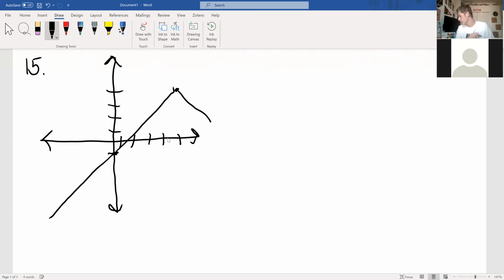And then what it's asking for is its domain and range. So if we're doing the domain, although the graph stops at some point, like it cuts off at this square, the graph still keeps going. Whenever we're doing our domain, we're looking at what x values the graph covers.